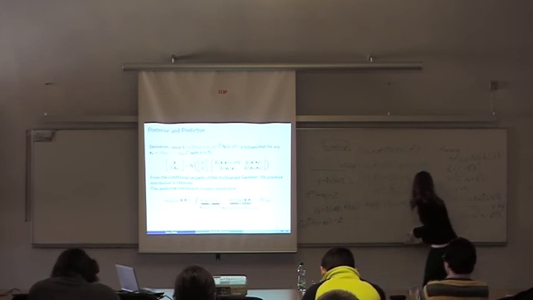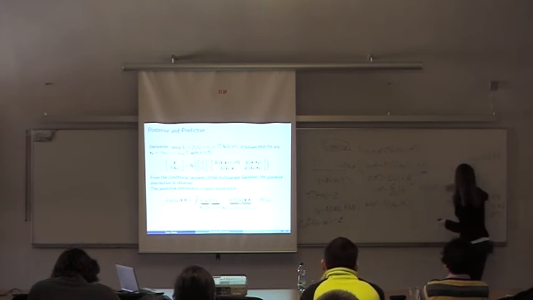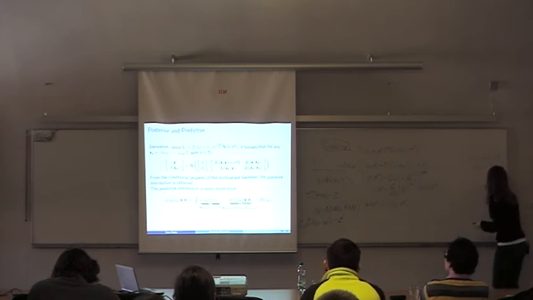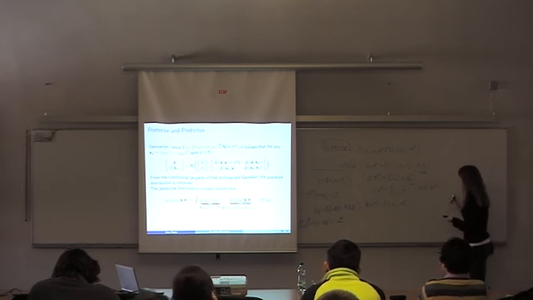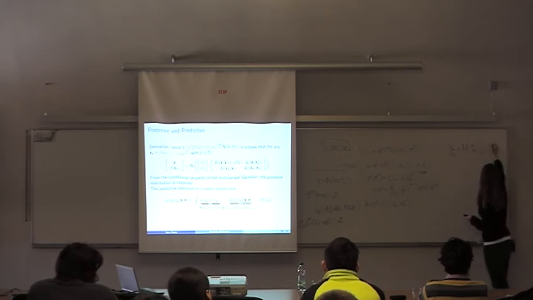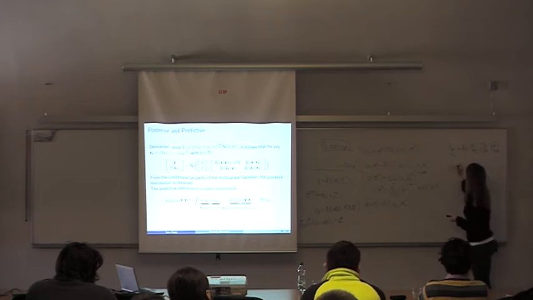So if you remember, we said that if we have f1, f2 normal with mean mu1, mu2 and covariance sigma 1,1, sigma 2,2, sigma 1,2, sigma 2,1, then f2 given f1 is normal.